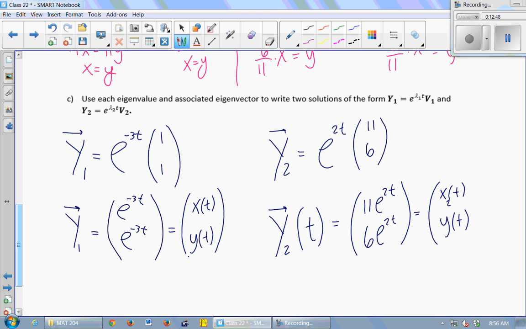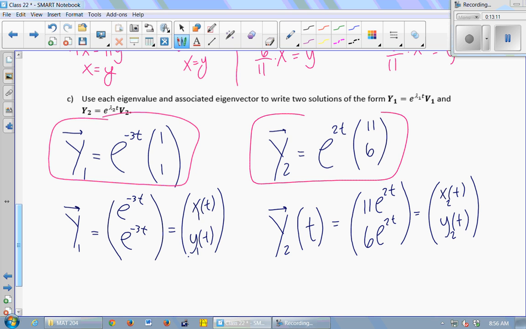And maybe I'll put little subscripts to make them go together. So like I said, there's a lot of notational choices. Just do what makes sense to you to help you keep track of what these things actually are. So you could have stopped right here and just circled this, or maybe you would have done this.